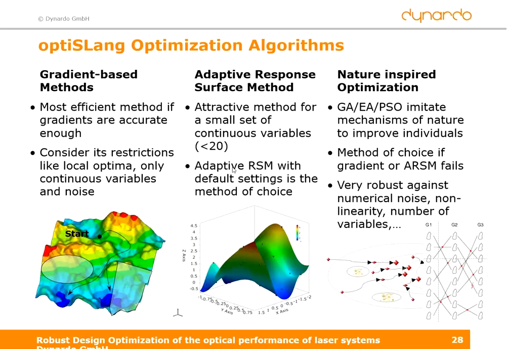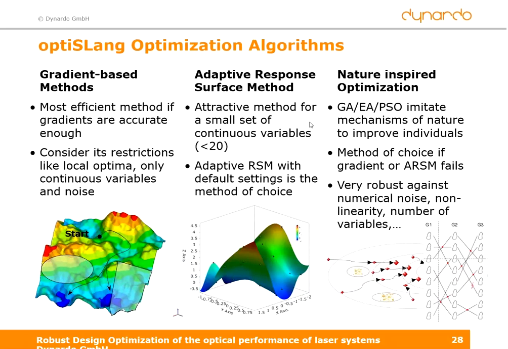Gradient-based methods work up to 5 or 6 variables. If you have more variables, up to 20, and maybe a noisy solver response, the adaptive response surface method is the method of choice.